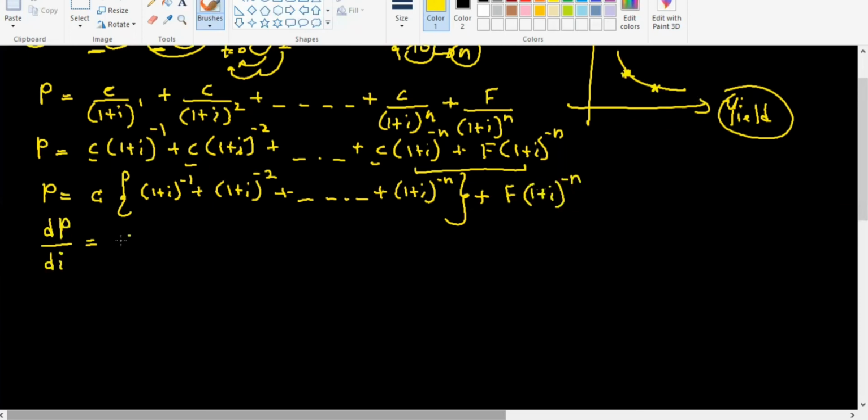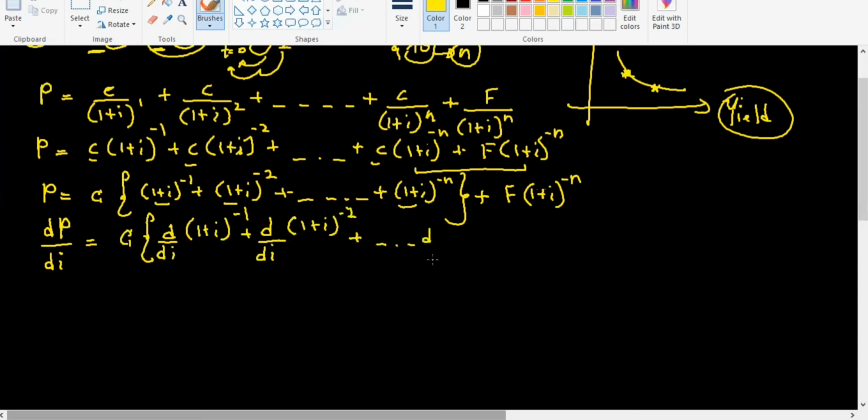Since this is a constant, we can take the derivative of these factors, right? So it's d over dI of (1 plus I)^-1. Similarly, for the second payment, it's d over dI of (1 plus I)^-2, and for the nth payment, d over dI of (1 plus I)^-n.